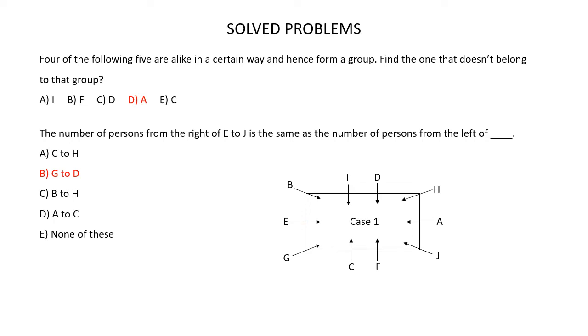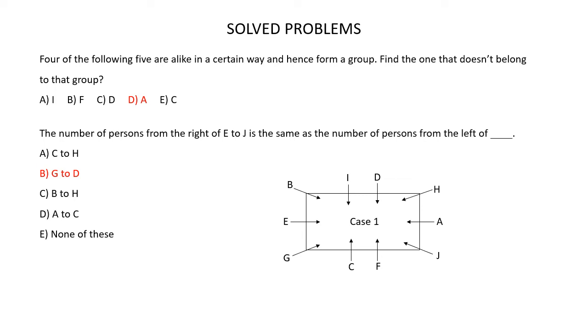From the right of E is this way. So there are 1, 2, 3 persons sitting between E and J. Now we have to find out in which of these options there are 3 persons sitting between the given 2 persons.